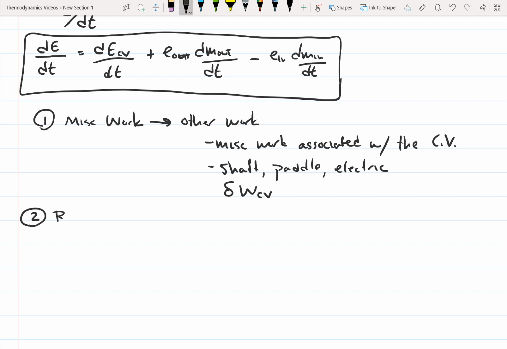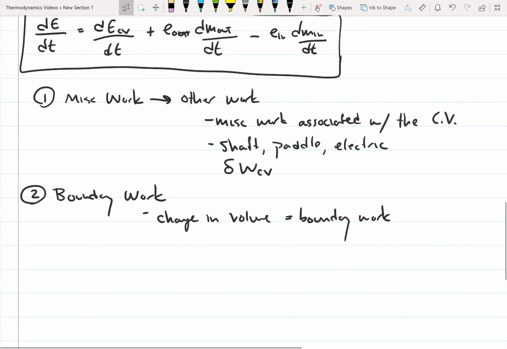The second type is boundary work. We already know that if we have a change in volume, we have boundary work. So a change in our control volume means that there's boundary work. This is pretty apparent if we have, say, a piston cylinder.